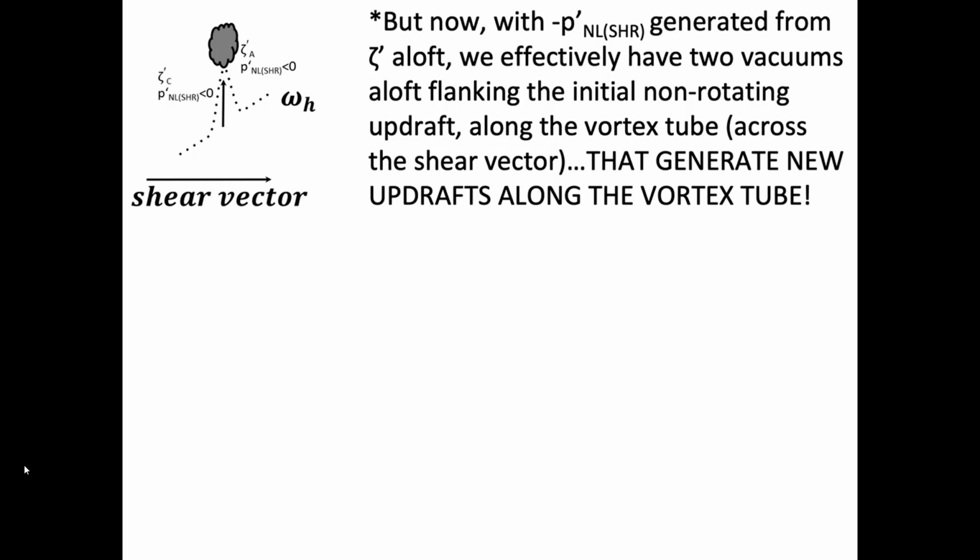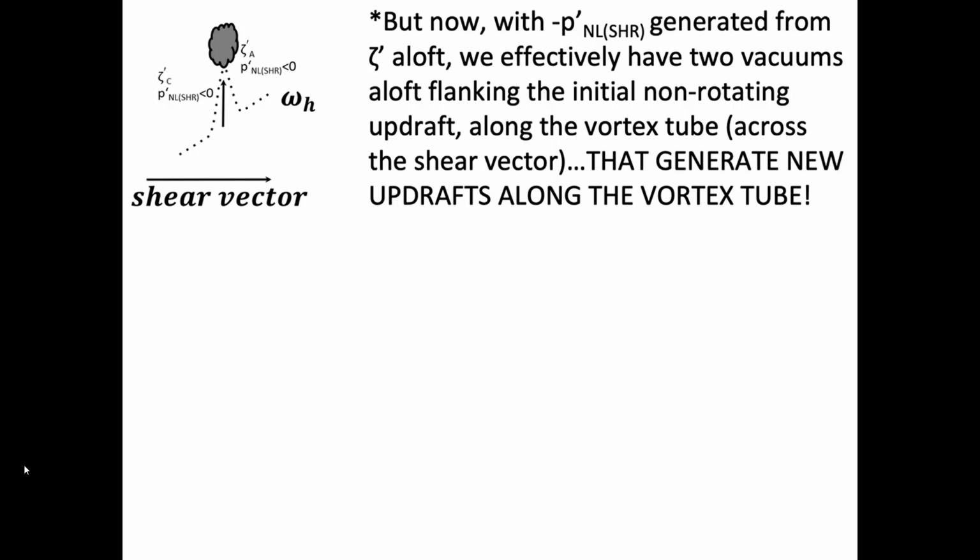We've suddenly created a mass deficit, a perturbation pressure deficit, not only in the mid and upper levels of the atmosphere, but that's not happening where we lack an updraft right at the ground. So we get a vertical perturbation pressure gradient force that's directed upward towards the perturbation pressure deficits. So not only are we having air being drawn inward towards the axis of rotation, but also air is being drawn upward to fill these perturbation pressure deficits.